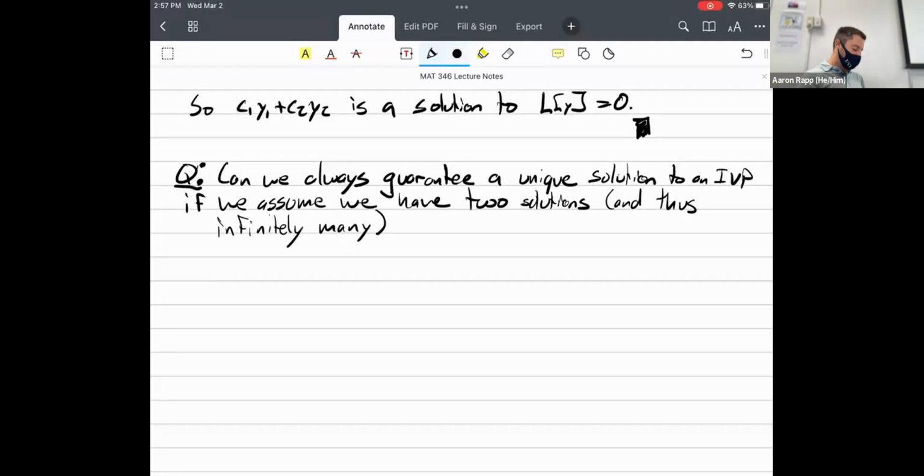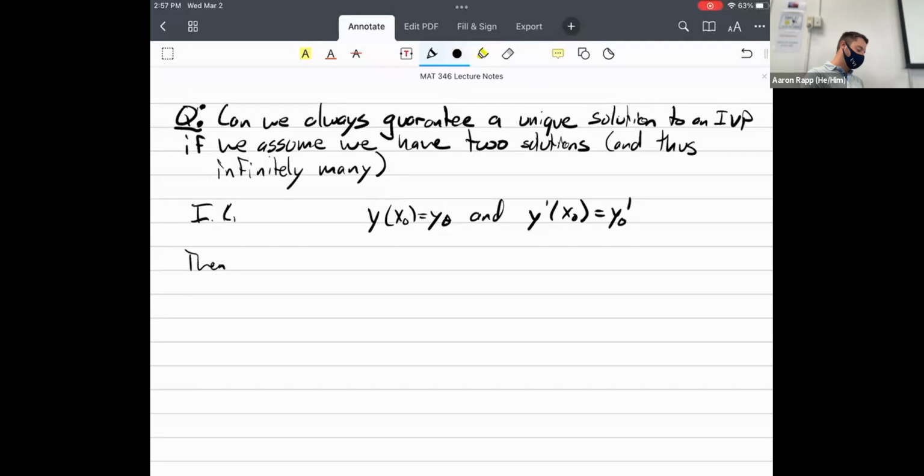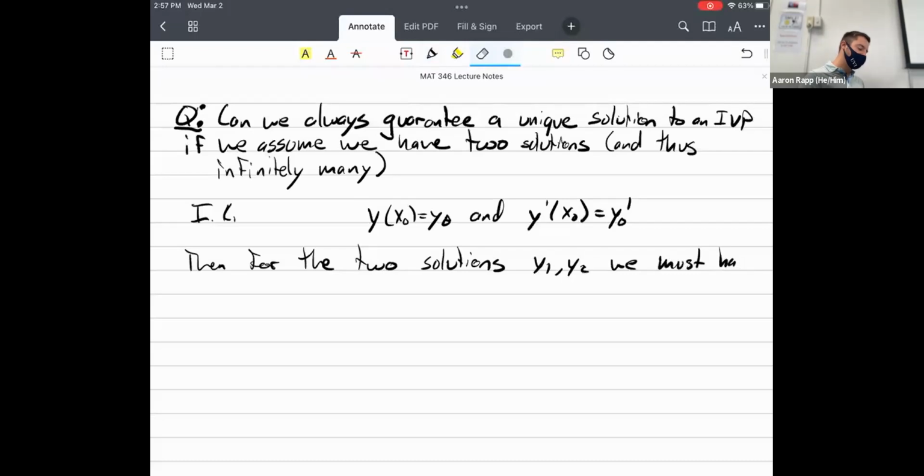Well, the initial conditions are that the solution at x naught is y naught, and that the solution's derivative at x naught is this. Then for the two solutions, y1 and y2, we must have that their linear combinations also satisfy it.